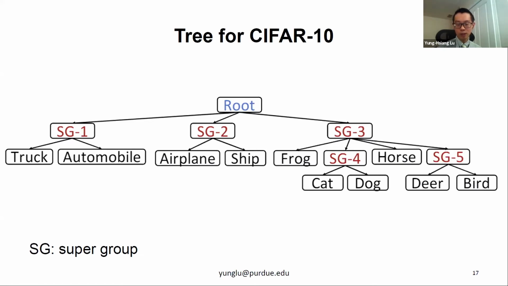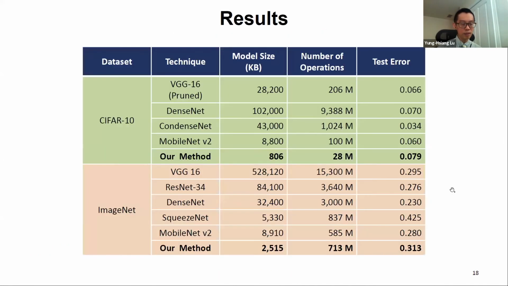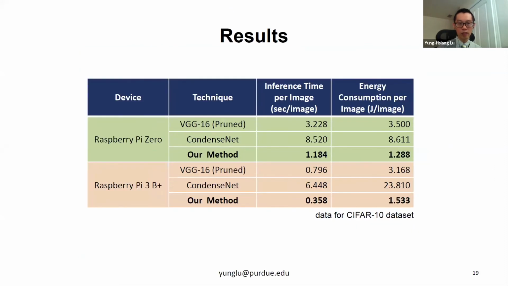But we also don't want it to be too tall. If it's too tall, then it will take much longer to process each image. There's more detail in the paper. We have compared our method with many other methods, and we see our method has much less memory and also lower energy consumption compared to existing methods.